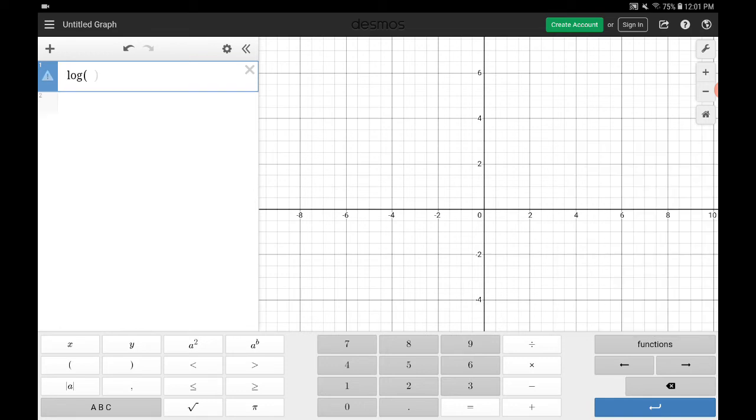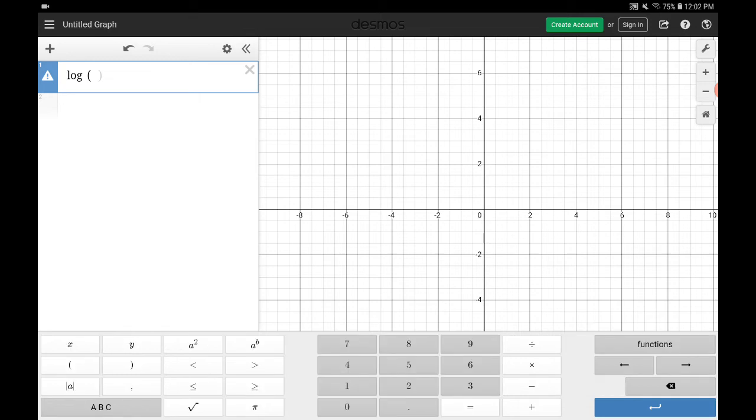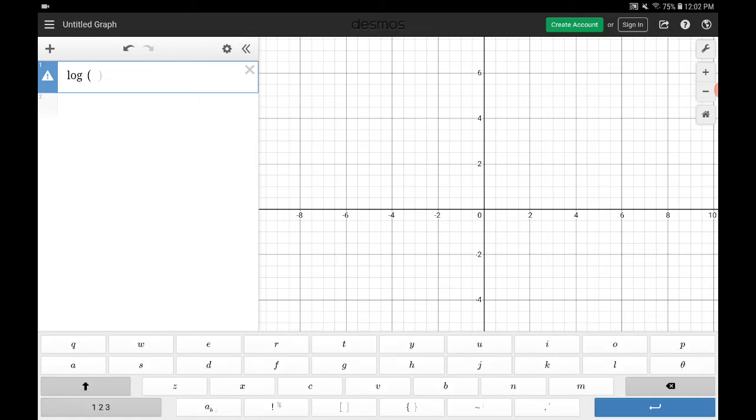There it is. All right, let's put B down there. And we're going to want to press this button here. So how did I get there? Go to ABC, there's A subscript B, and that's where we're going to put our different base.